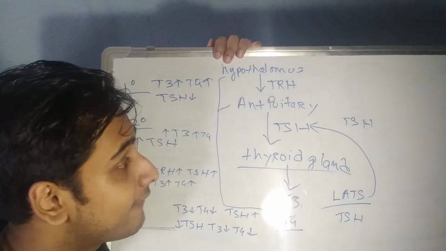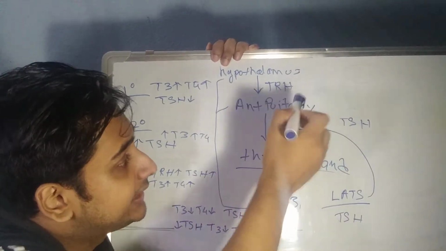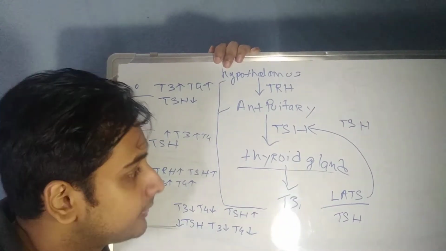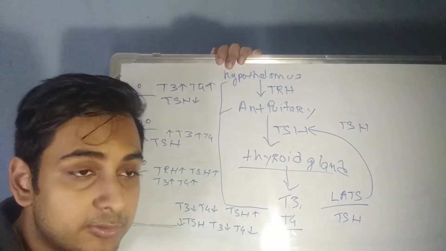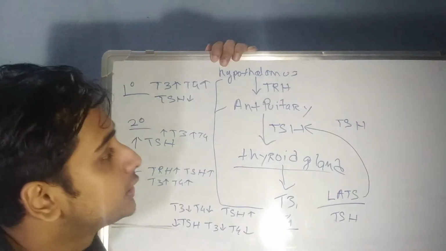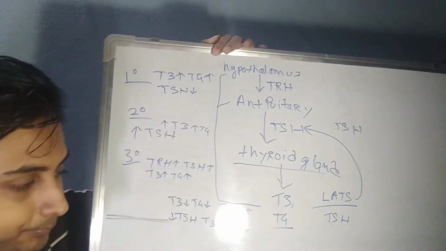Now, if you're having a secondary hyperthyroidism, this means you're having a problem in the anterior pituitary. How do you know you are having secondary hyperthyroidism? If you see the TSH level is also increased and T3, T4 levels are also increased. At that time, you are going to remove the anterior pituitary.